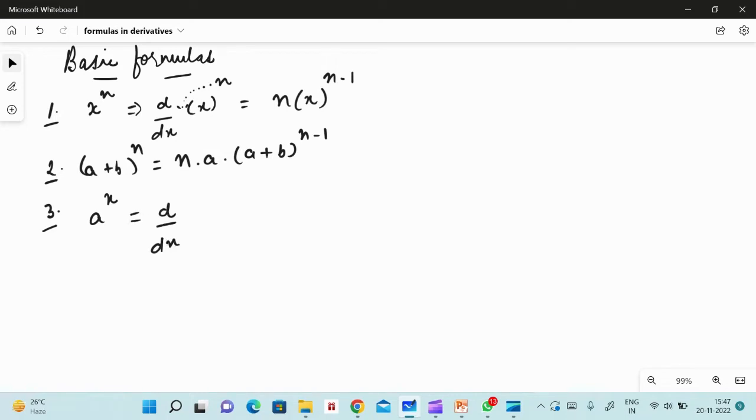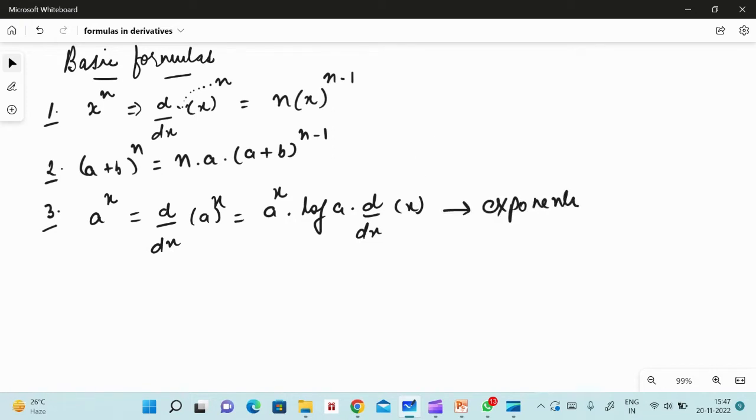So in this case, the derivative of a power x is a power x into log of a into derivative of x, right? This is what we call the exponential theorem.